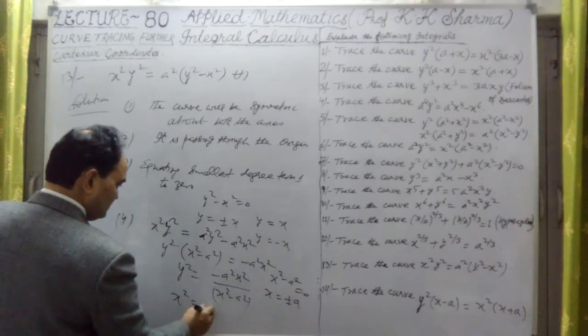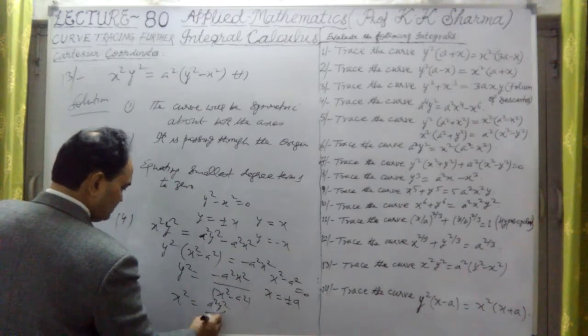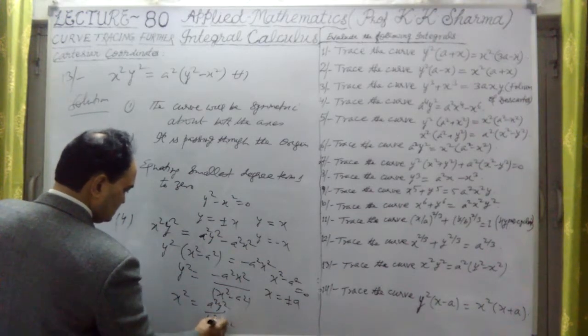So x square will be a square y square upon y square minus a square. This is another point here.